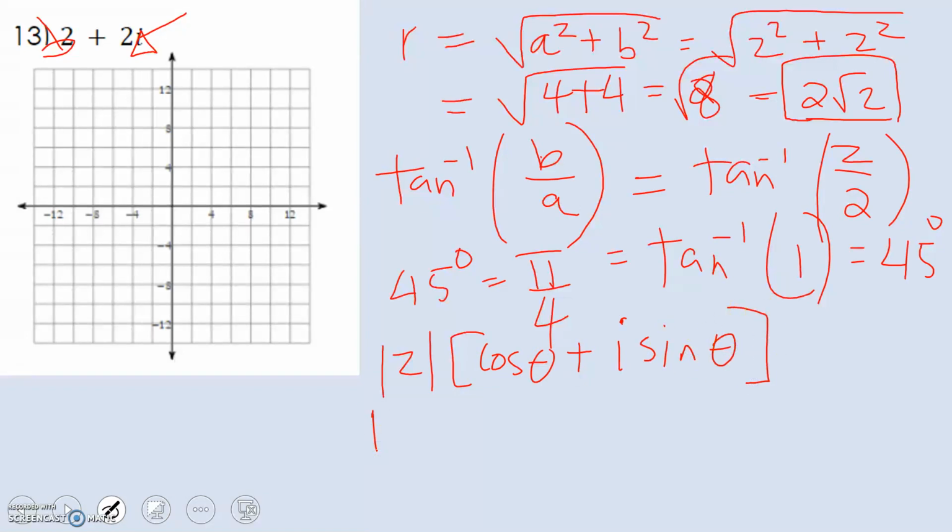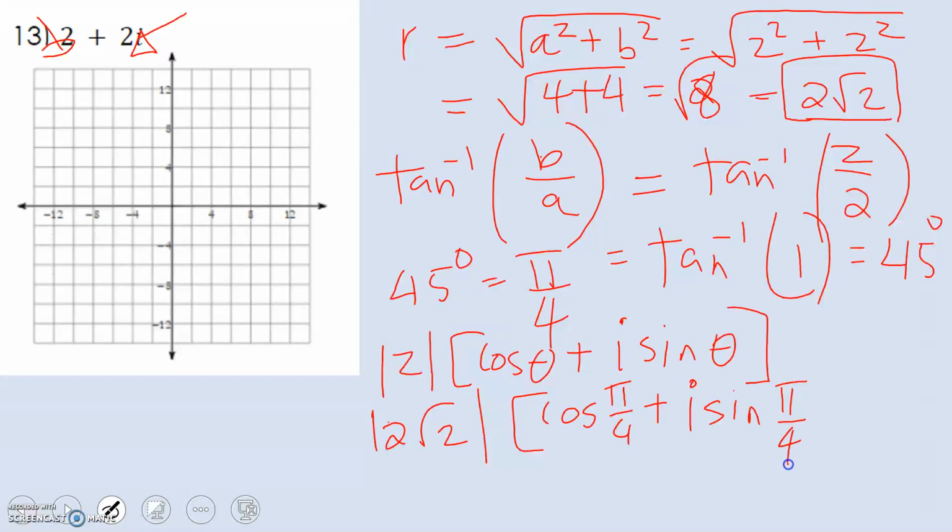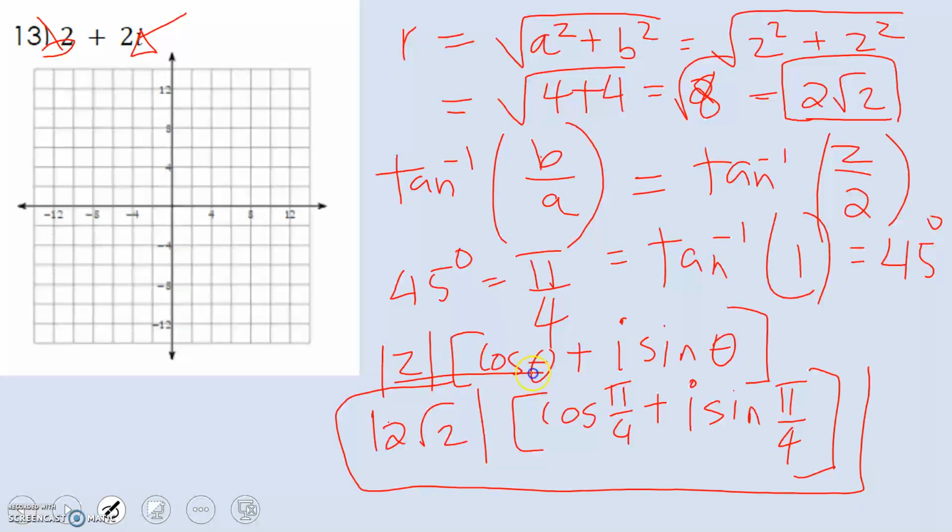Plug in numbers. The absolute value of z is 2 root 2, times cosine of pi over 4 plus i sine of pi over 4. Boom. That's our answer.